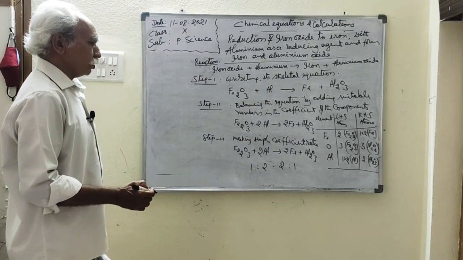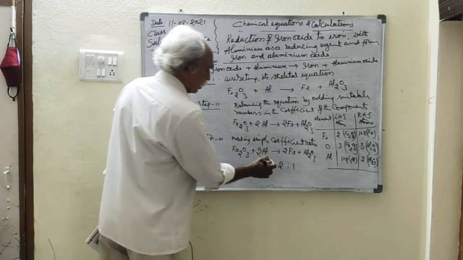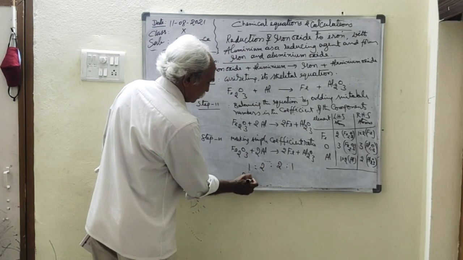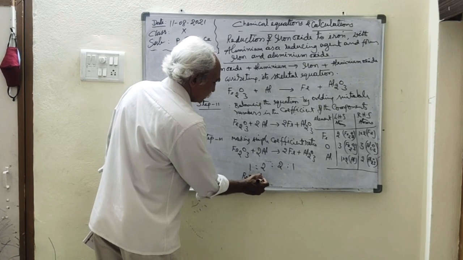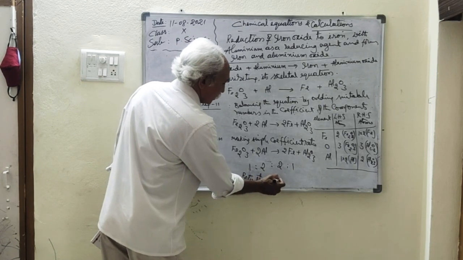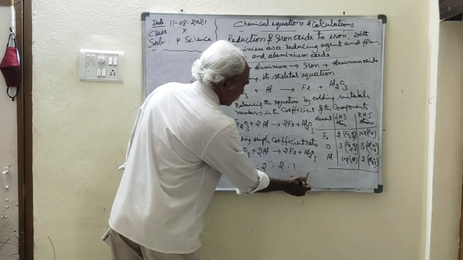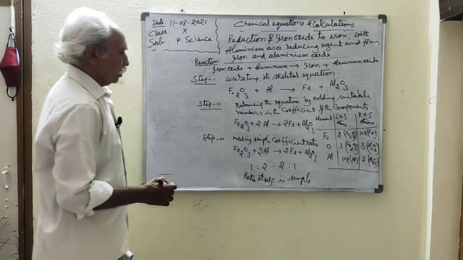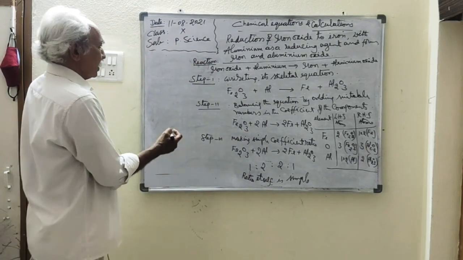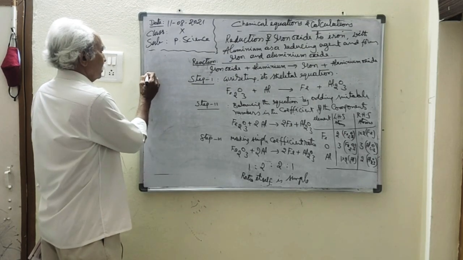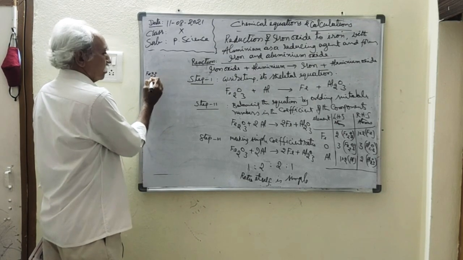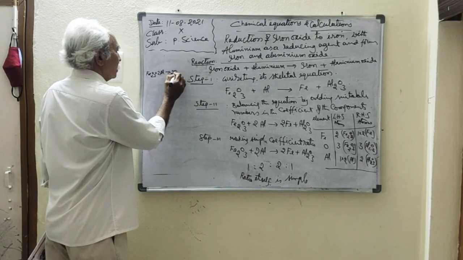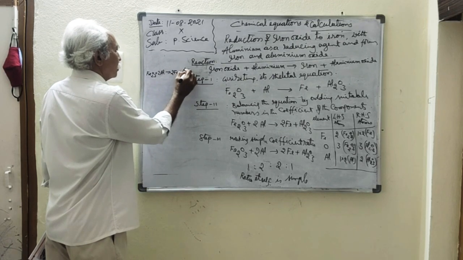So 1 is to 2 is to 2 is to 1. So the ratio itself is simple. Okay. So when the ratio is simple, you rewrite that equation as it is. Fe2O3 plus 2Al is raised to 2Fe plus Al2O3.